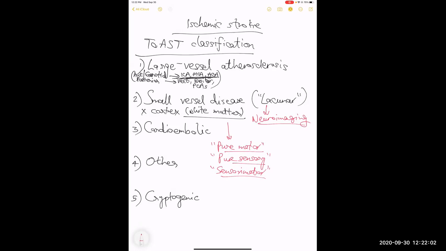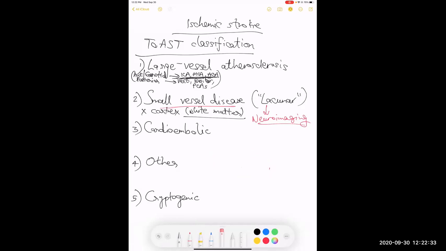There is another one called dysarthria clumsy hand syndrome, meaning they have mild hand weakness and they have slurred speech. The problem with this is that after the advent of the MRI, when they started doing MRI, let's say, for example, in somebody who had a pure motor stroke, it was not actually a small vessel disease. They actually had a pretty big infarct in the motor cortex. So technically, it would not be considered a small vessel disease. So, if you can get a neuroimaging, that is the best way to classify these.